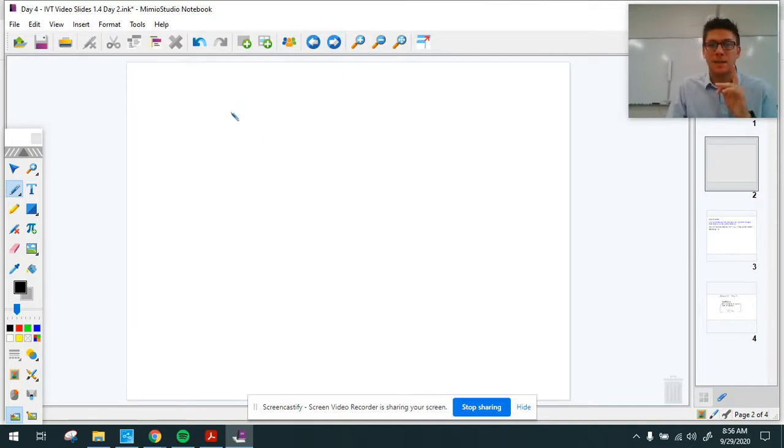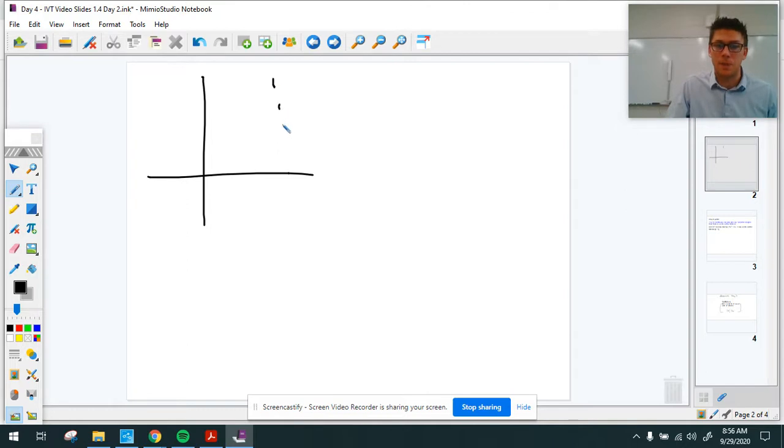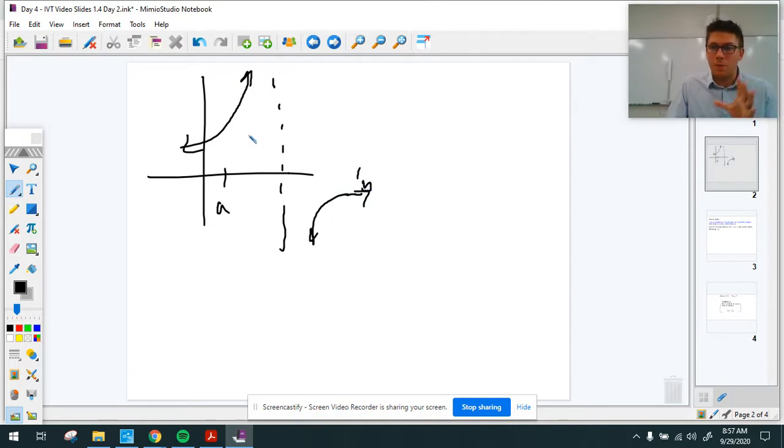One thing I do want to touch on though is the idea of continuity. If the function is not continuous on your interval, you cannot use this theorem. Here's why. If we can say this proves x-intercepts, let's say we have an interval a to b and this is what our function looks like. At a, we've got a value here.